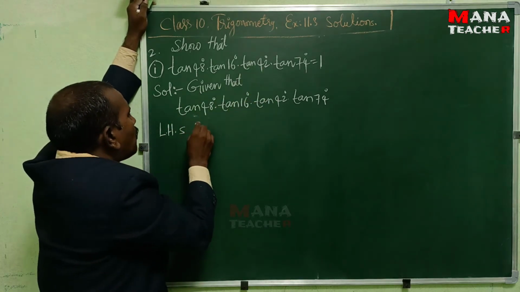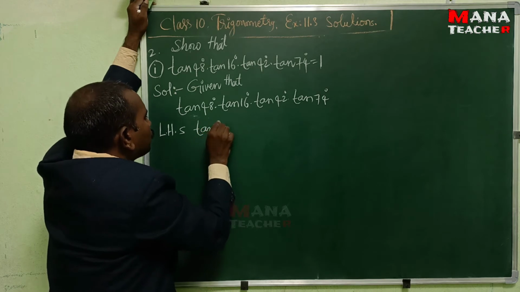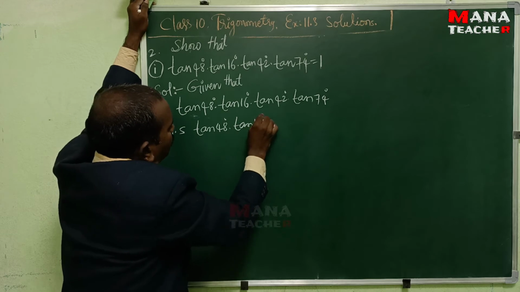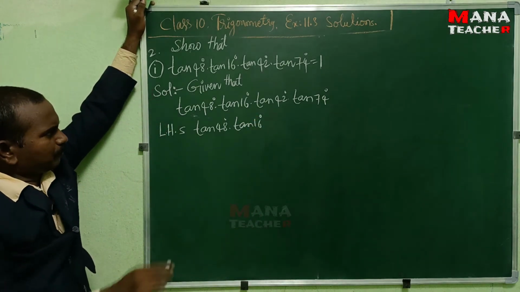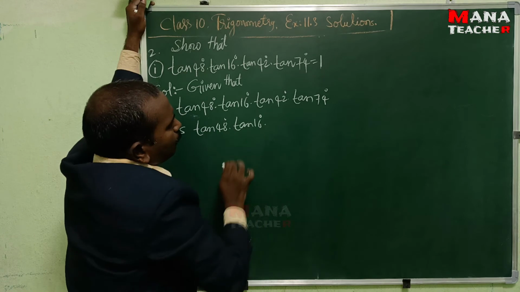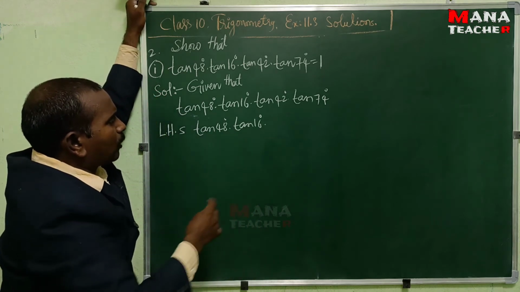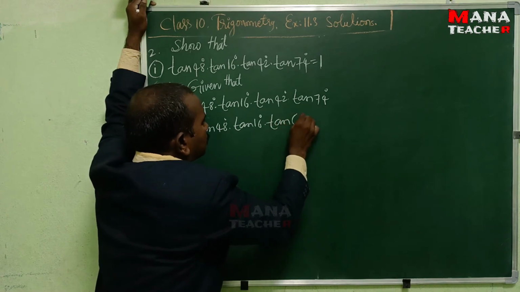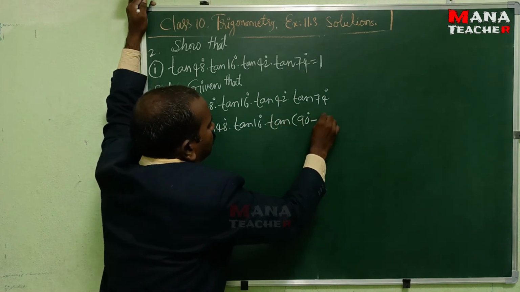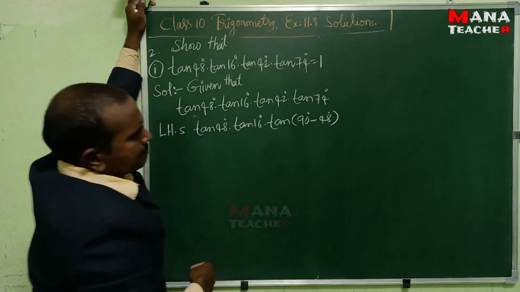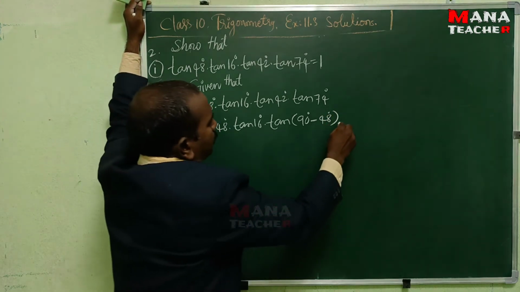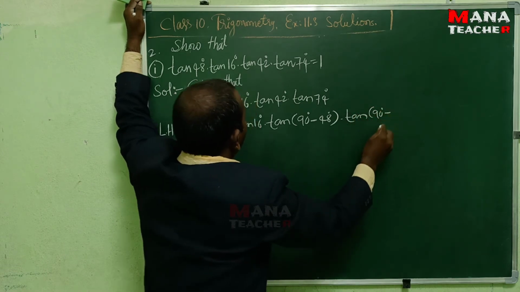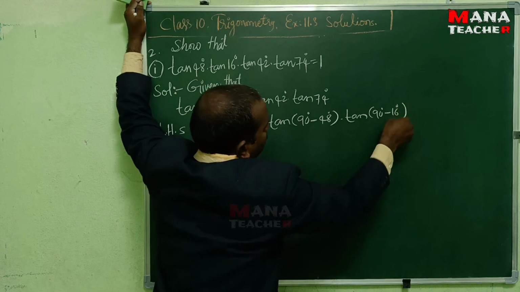Now tan 48 degree and tan 16 degree write as same. Now tan 42 write in the form of 90 minus 48, tan 90 degree minus 48 degree. Next tan 90 degree minus 16 degree.